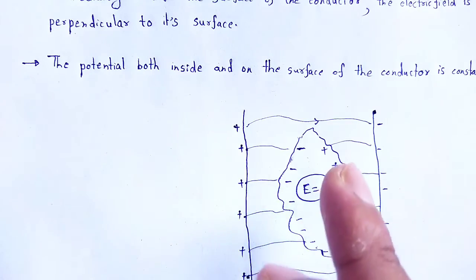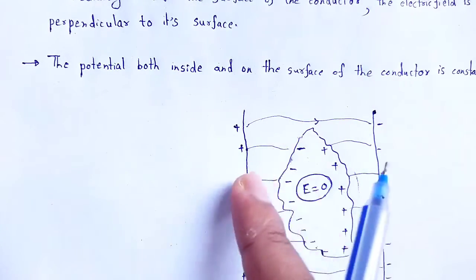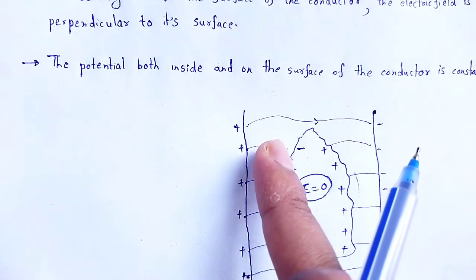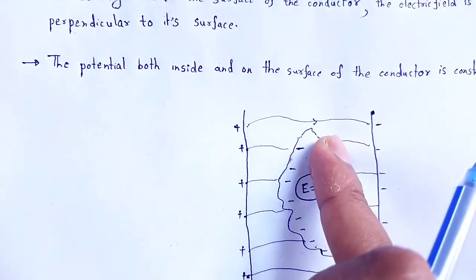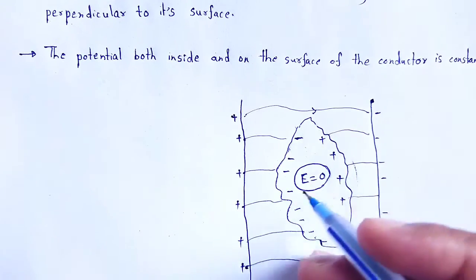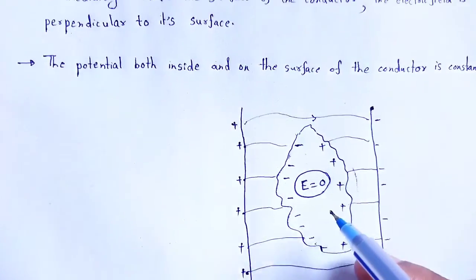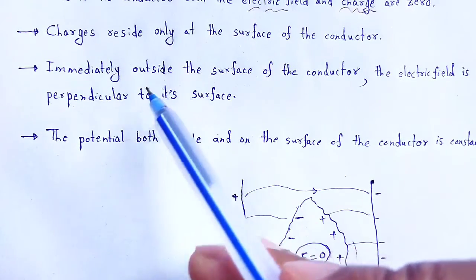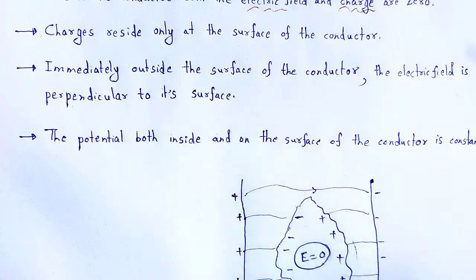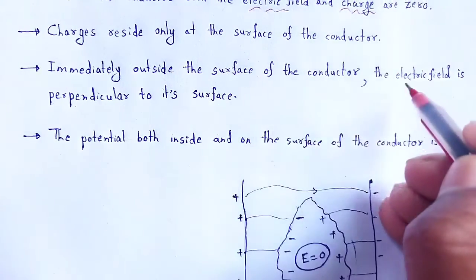Hence, when a conductor is placed in an electric field, the electric lines of force will enter or leave the conductor at a right angle to the surface. That is, just outside the surface of the conductor, the electric field is perpendicular to its surface. That point is explained.